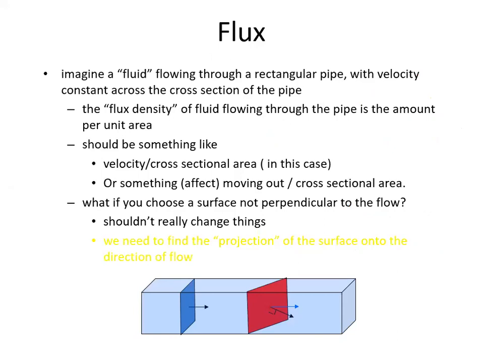So flux is the flow. Now imagine that we have a fluid flowing through a rectangular pipe. How much fluid passes through this area is called flux density.